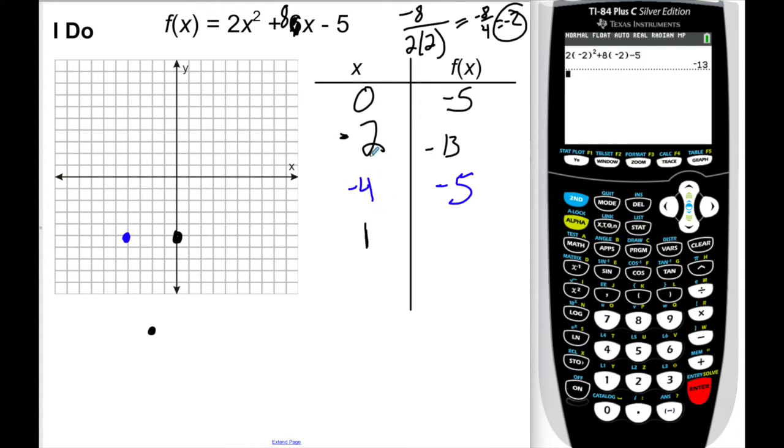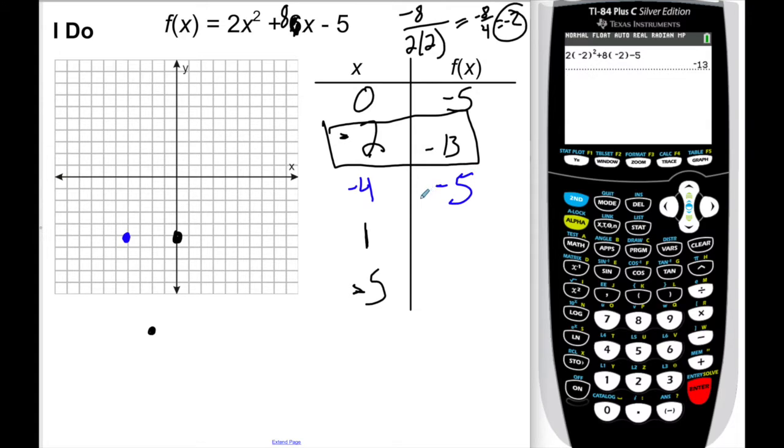It's 3 away. And what other number is 3 away from negative 2? It's negative 5. Because negative 5 and 1 are both 3 away from negative 2, the vertex, they must have the same y.